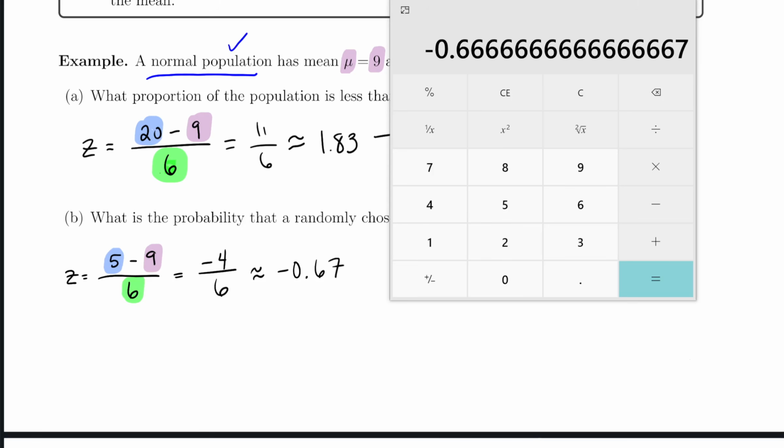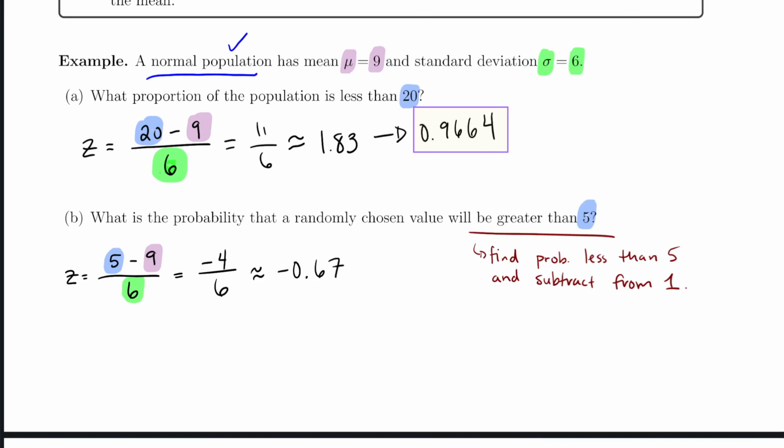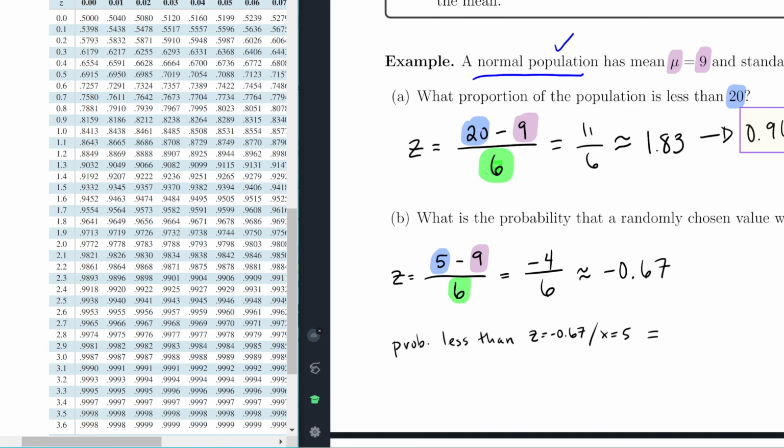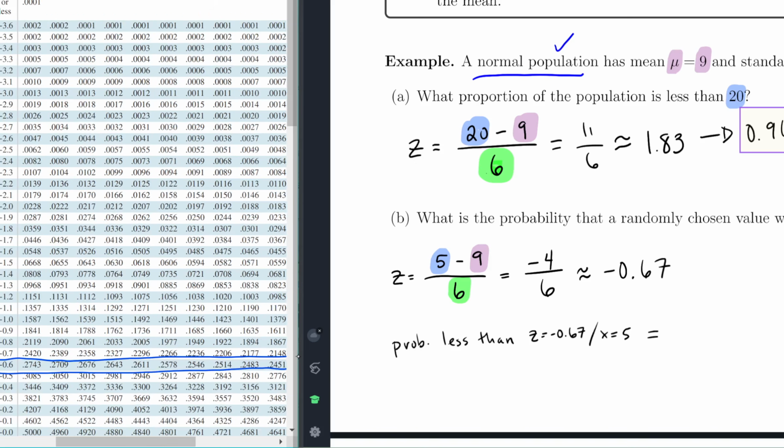Once we have the z-score, we can then go to the chart. And keep in mind, the chart value will give you the area to the left, or the probability that we're less than the z-score of -0.67. We then subtract that value from 1 to get the probability that we would then be greater than. So we'll go to the chart and look up the z-score of -0.67.